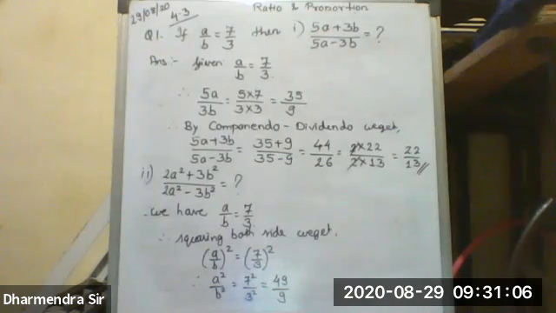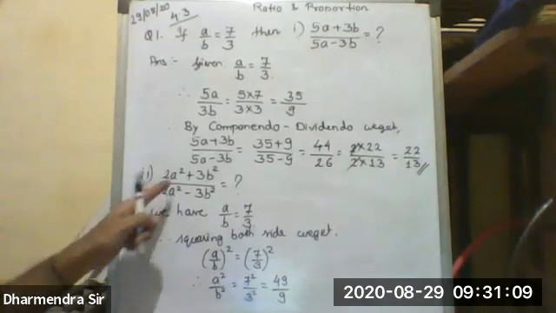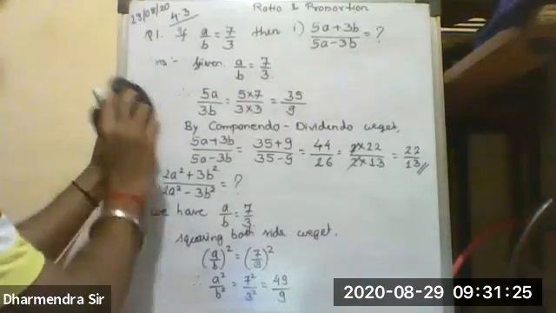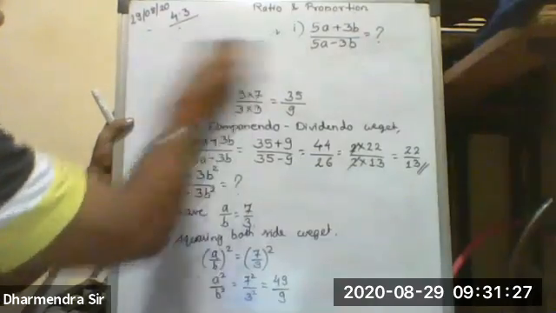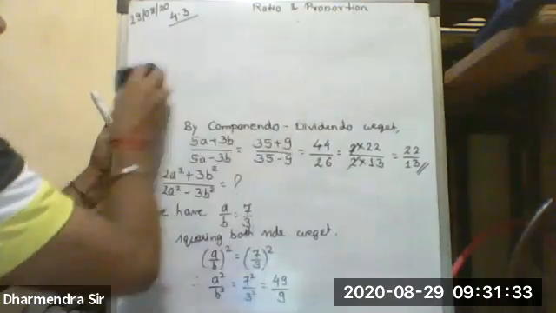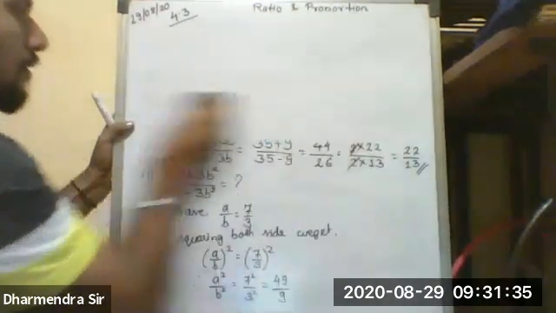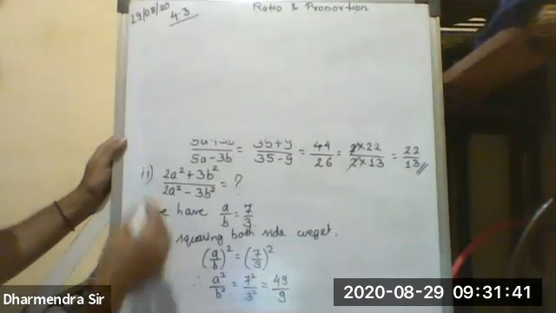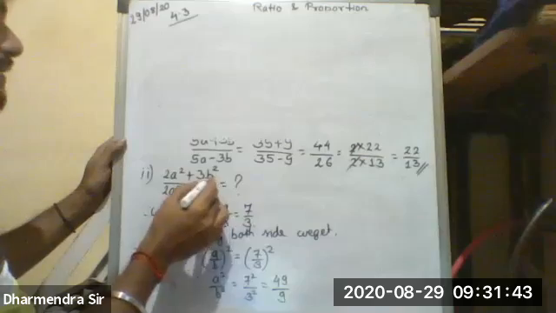Now they are asking us to find, with a square we are having 2, and with b square we are having 3. So along with a square we should have 2, and along with b square we should have 3.